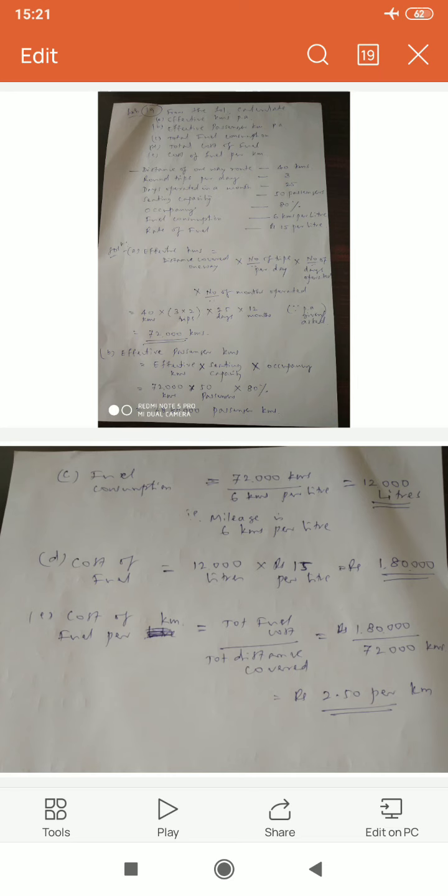Now the point to be stressed at the present juncture is that 72,000 kilometers should be taken, but not 28,80,000 kilometers. It is not 28,80,000 kilometers, but 72,000 kilometers divided by 6 kilometers per liter. The resultant figure would be 12,000 liters of fuel consumed by that particular vehicle.